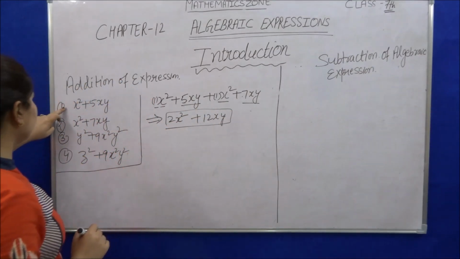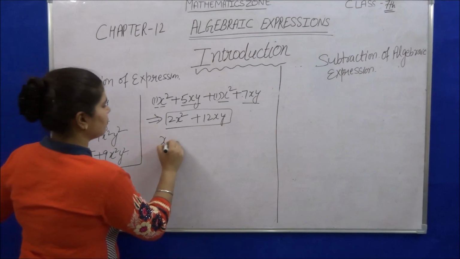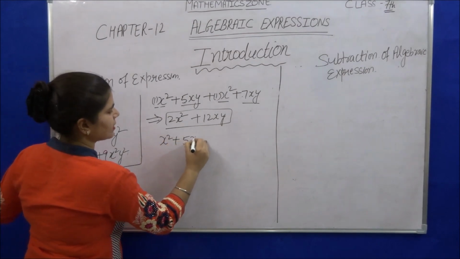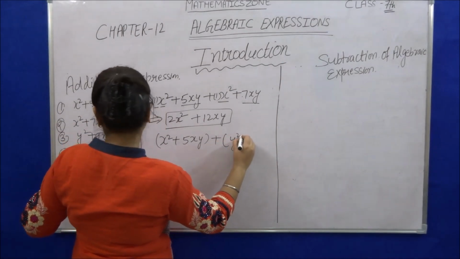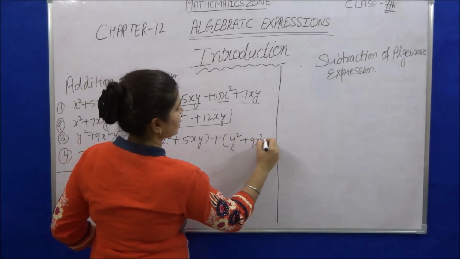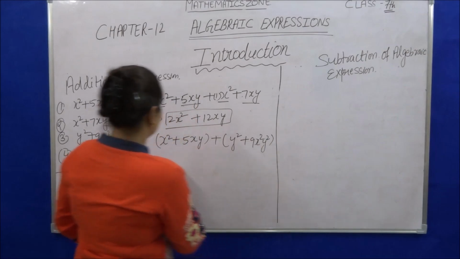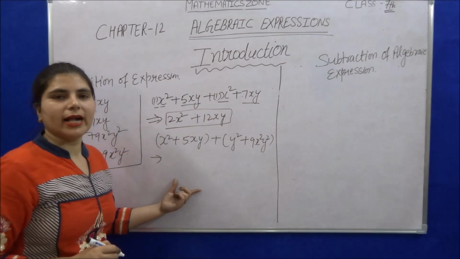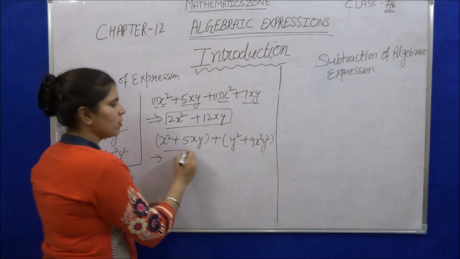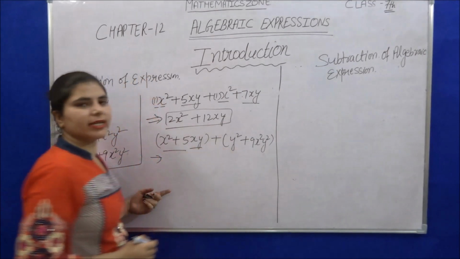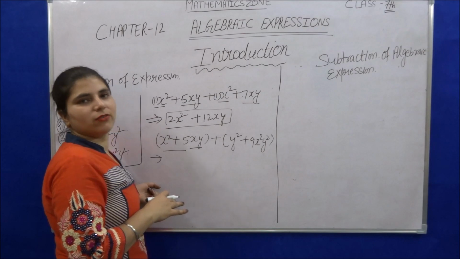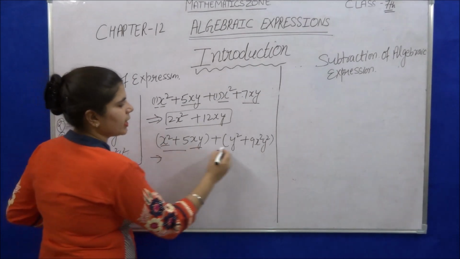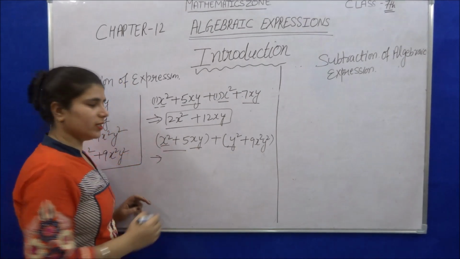Now if we consider the first and third, that will be x square plus 5xy, y square plus 9x square y square. Students, here we have taken examples of unlike and like termed expressions so that we get clarity of the concept. So x square and y square are different terms.